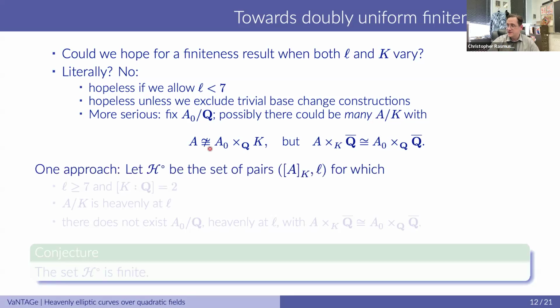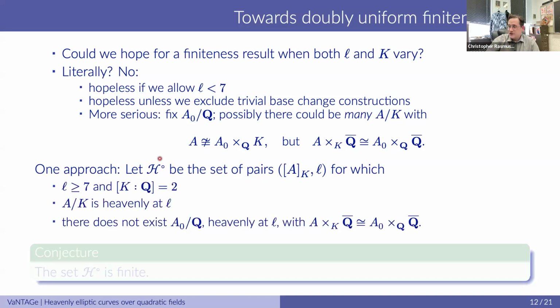So I'm going to define a different set, H circle. This circle I'm thinking of as open, deleting a small number of cases as I build this set. I'm going to let L be prime greater than or equal to 7 and assume K is always a quadratic field, degree 2.